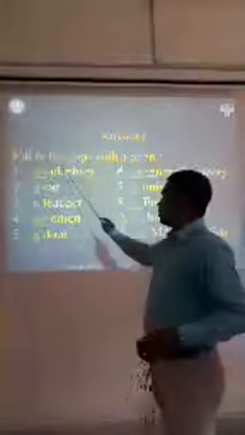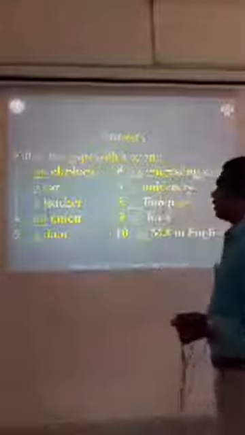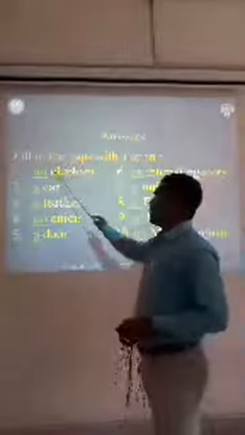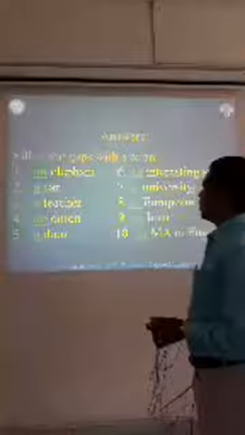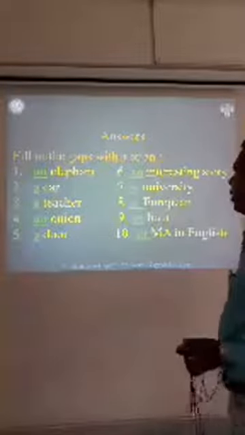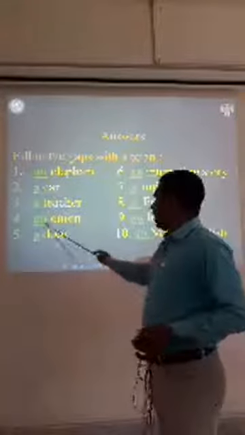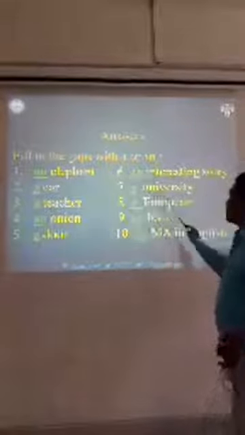An elephant, it is an elephant. If you pronounce elephant, then the previous part of the word will be pronounced as a vowel. A teacher, a consonant. An onion, vowel, and a door, consonant A. An interesting story.